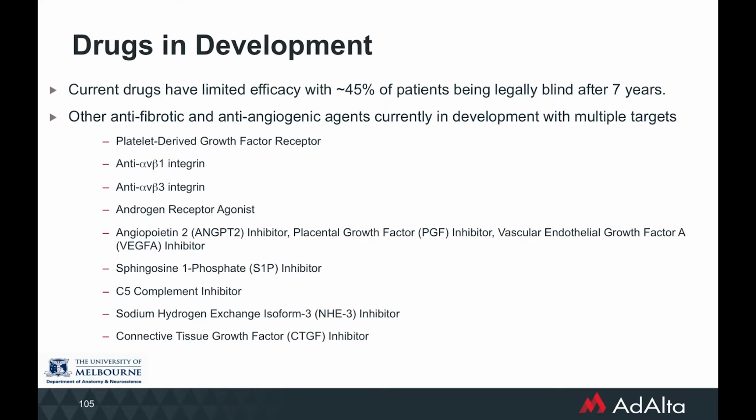So basically, it's a recognition that angiogenesis is very complicated and there are a whole range of different pathways that are involved. So platelet-derived growth factor receptor has been looked at, integrins, which obviously are important in blood vessel growth into the back of the eye, angiopoietin, which is... There's certainly a lot of other information in terms of prevention of disease as well, where the complement inhibitors are certainly being investigated very heavily.